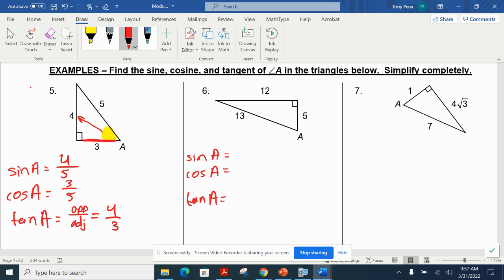We haven't talked about the little acronym yet. That's on the next page. So hopefully we're kind of remembering this without having to say it or write it. If I want the sine of angle A, so here's angle A.